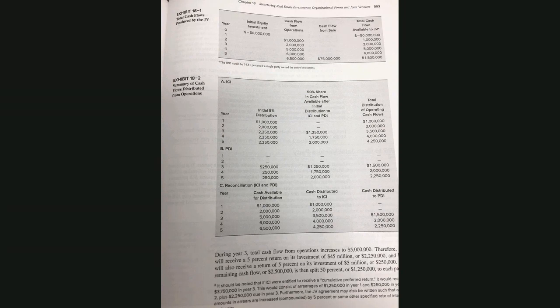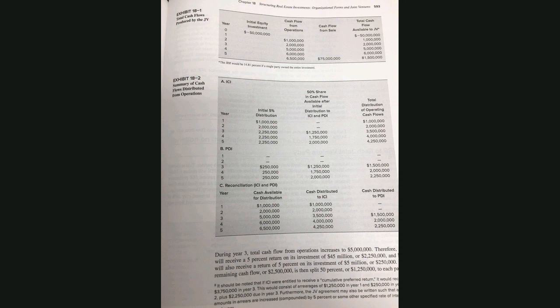Okay, so that is for ICI. For the PDI, then they get the rest of it. So whatever is extra, whatever is not given to the ICI goes to the PDI. Does that make sense? So for year 3, out of 5 million, ICI got 3.5, then PDI got 1.5.